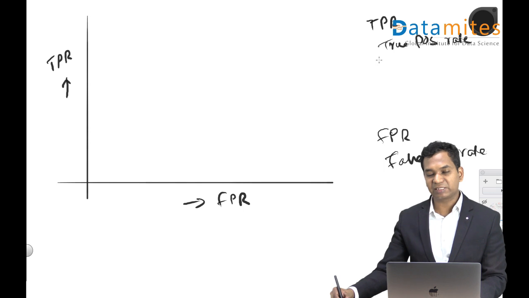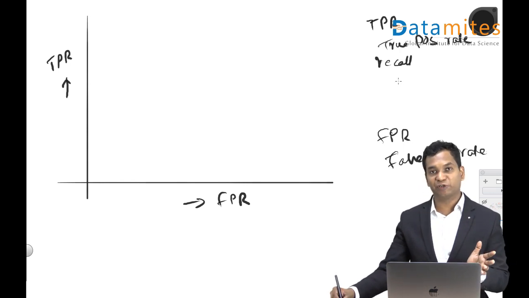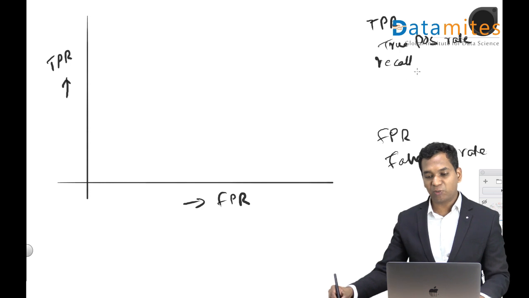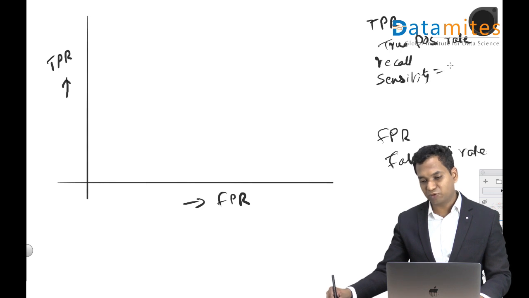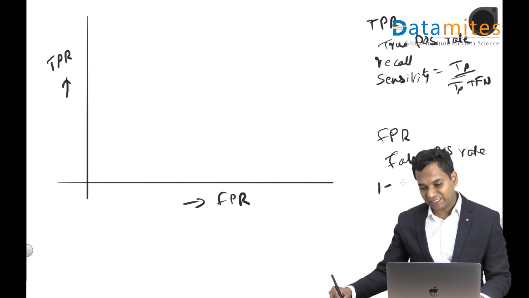TPR is the same as sensitivity, and also recall. If you watched the previous video, we talked about recall there. The formula for recall, sensitivity or TPR is true positive divided by true positive plus false negative. FPR is actually 1 minus specificity.